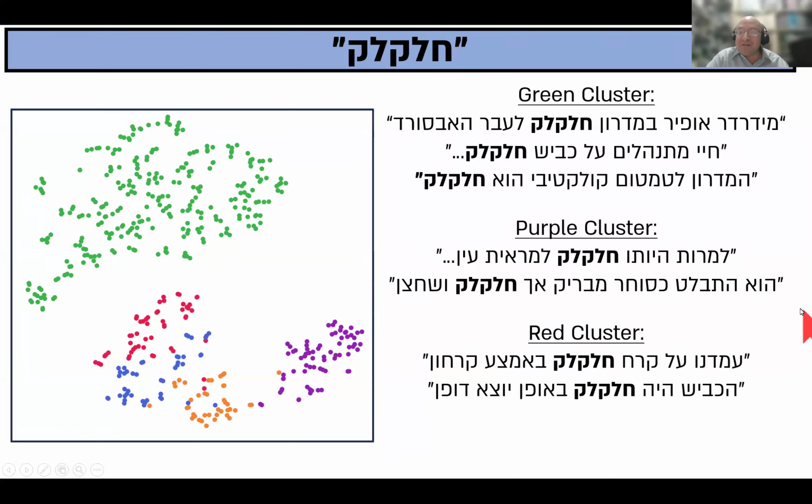Now let's look at those two sentences. Lamrot heyoto chalaklak d'marit ayin. He seems kind of shady at first look, or hu itvalet kesocher mavrik ach chalaklak v'shachtzan. Right, in the purple cluster, the purple clustered together sentences in which the word chalaklak is used as a negative attribute of a person, which is the second definition in Evan Shoshan, right?